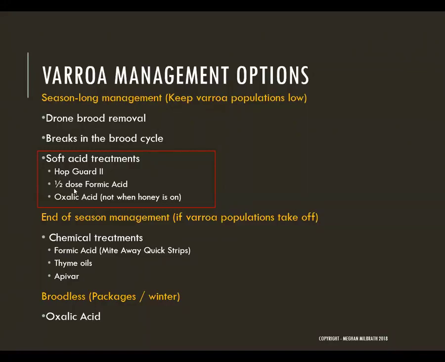All right, so now I'm going to go into other things that we can do during the season that keep Varroa populations low. And so I'm going to go into the soft acid treatments, which is the HopGuard 2, a half dose of formic acid, and oxalic acid, which is the one that you can't use when honey is on.